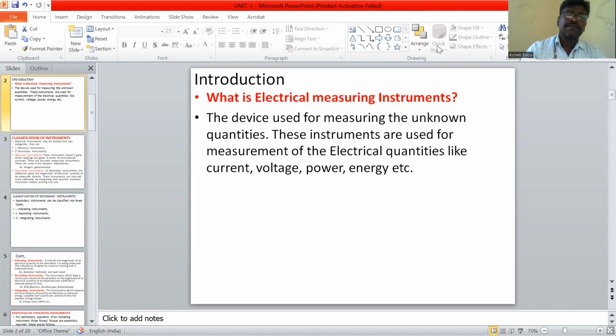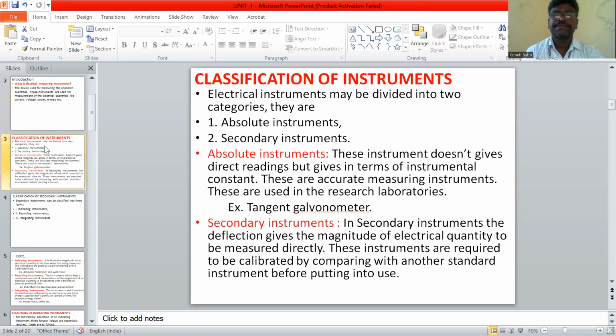So what are the different types of measuring instruments? They are mainly classified into two types: absolute instruments and secondary instruments.